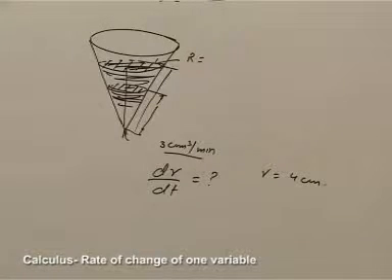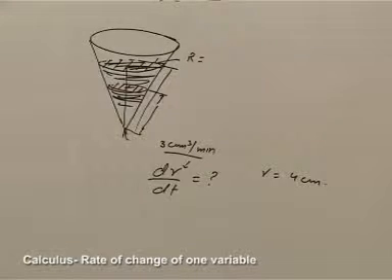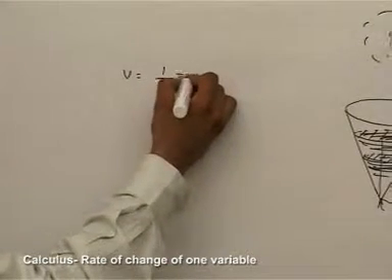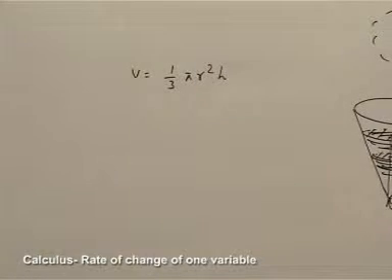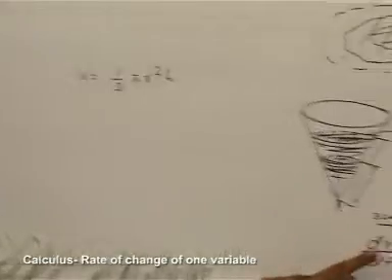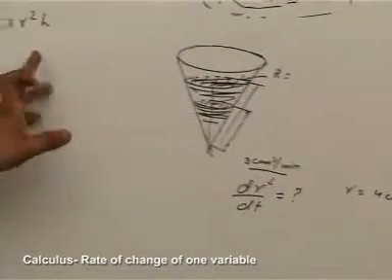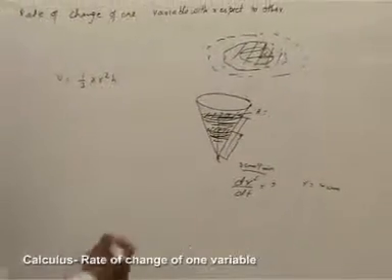Now first of all, when we have to calculate dr by dt, we will make a relation between volume and r. Volume is 1/3 pi r square h. We cannot differentiate this until we have a relation between r and h, because if we want to calculate dr by dt and we are given dv by dt, we should have a relation only between v and r.